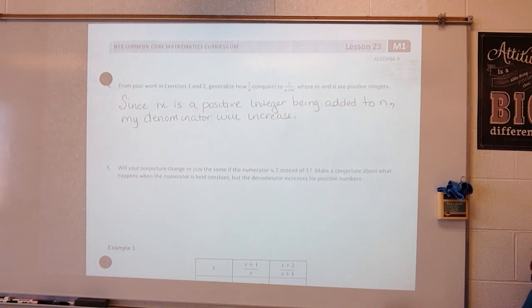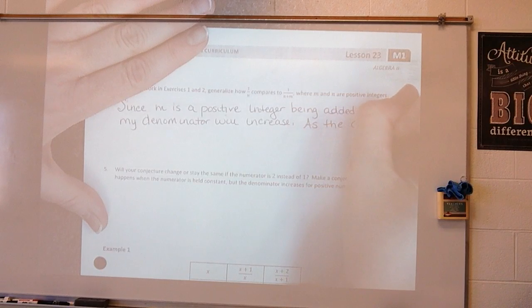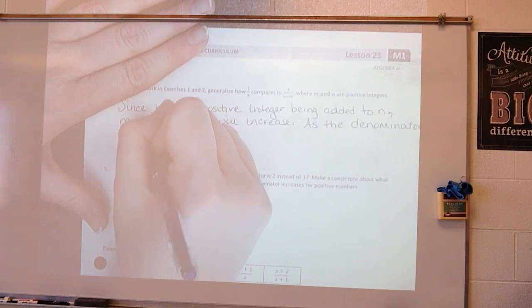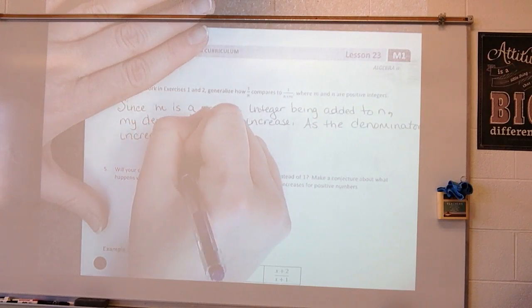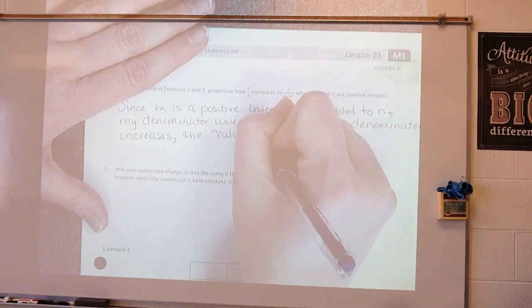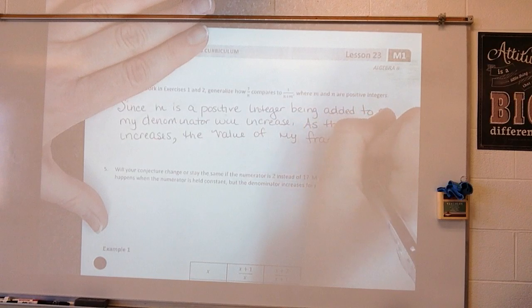As my denominator increases, the value of my fraction will decrease. As the denominator increases, the value of my fraction decreases.